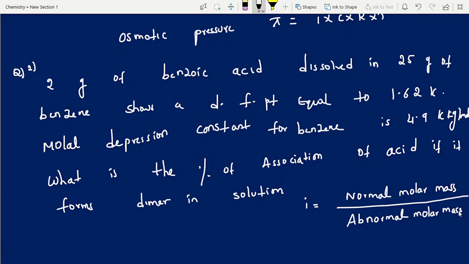Normal means benzoic acid's normal mass. Abnormal mass, how to calculate based on the given data? So note down the formula: delta Tf equals i into Kf into m.